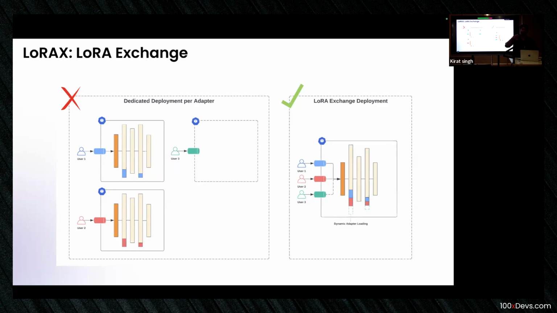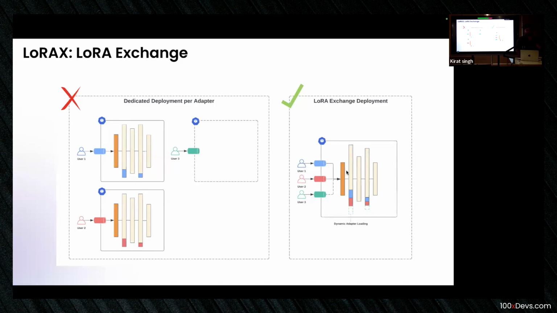Now the challenge is, once you have this server, how do you ensure that user 1 gets the model output multiplied by his own adapter weight? User 1 is looking for a code completer. User 2 is looking for a sentiment analysis project. So you have to make sure that the base model is the same, and different adapter outputs are given to that particular user.